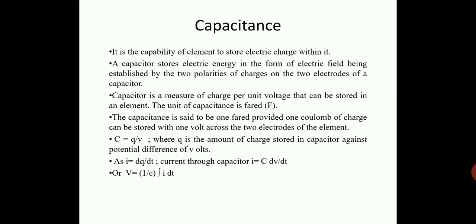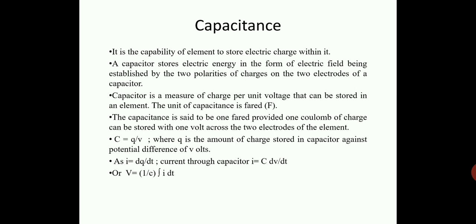Capacitance is a measure of charge per unit voltage that can be stored in an element. The unit of capacitance is farad. The capacitance is said to be 1 farad provided one coulomb of charge can be stored with 1 volt across the two electrodes of the element.